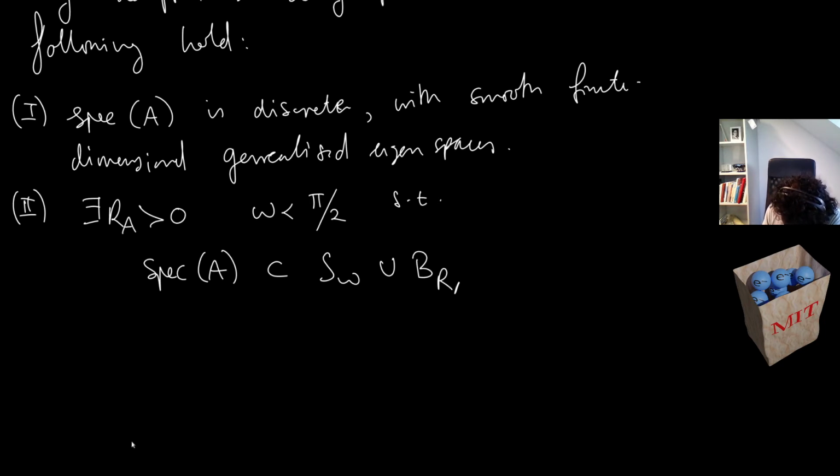a ball. So the question is, what does it mean for the spectrum to be discrete? What it means to be discrete is that it is only point spectrum without any accumulation points, right?